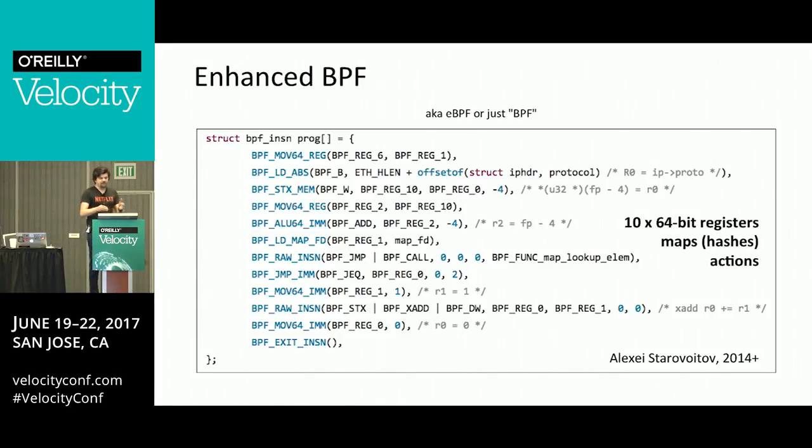And that's where Alexei started work, but he kept adding enhancements so we could do more and more things. And it's ended up being this sandboxed virtual machine in the kernel that you can write user-level programs for and have the kernel execute.